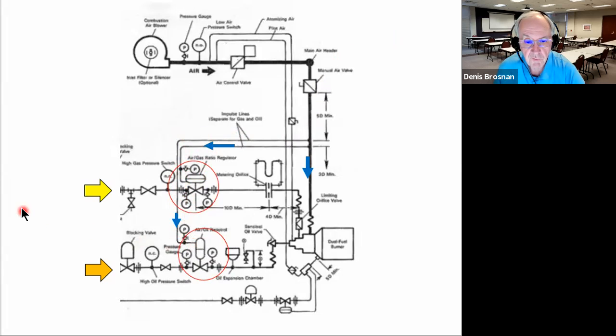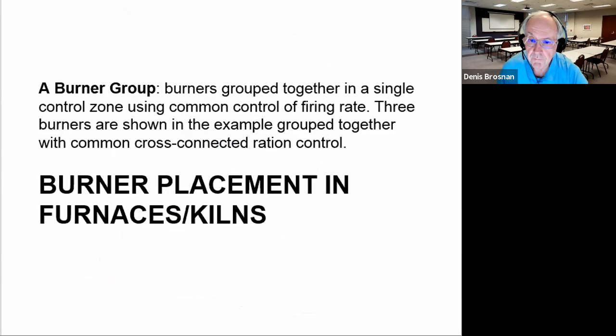So that's a little easier for you to see on the PowerPoint presentation. Cross-connected ratio regulator control. The air impulse, the amount of air is driving the amount of gas that you get in the system, which means the amount of air is driving the heat into the system. A lot of people that work with kilns talk about the volume of air liberating heat in the kiln, and that's where they're coming from, because they are using air to control the amount of heat that's released in their kiln.